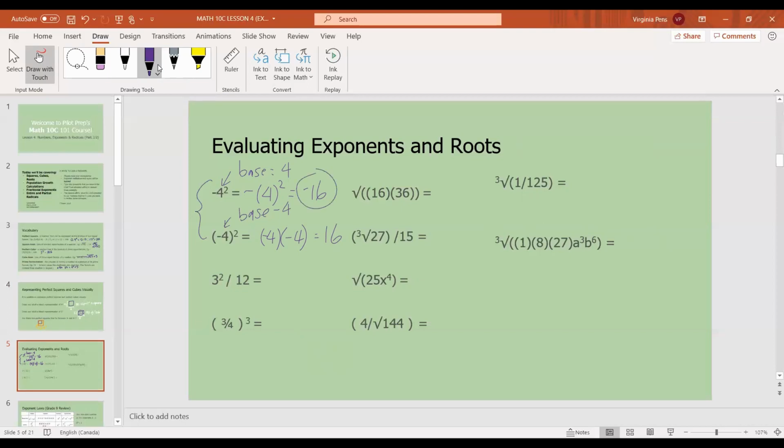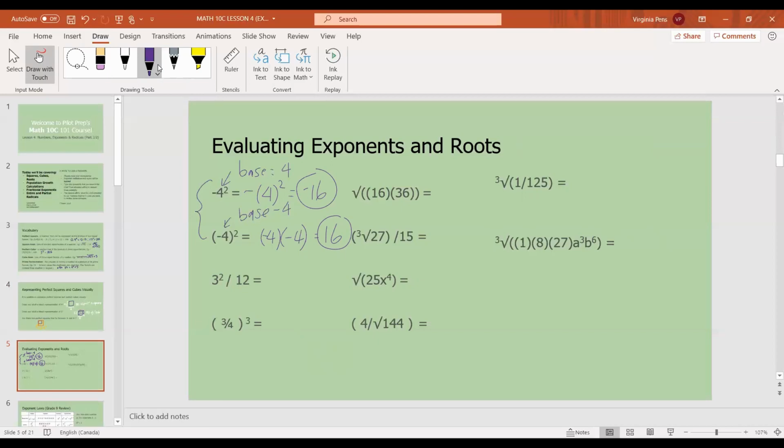So in the first one, the 16 is negative, and in the second one, the 16 is positive. So be very careful of where your negative sign is. If it's inside the base, then you're multiplying it by itself, which will always make it a positive number. But if it's outside the base, then you multiply the base first, and then you add the negative back in to your final answer.